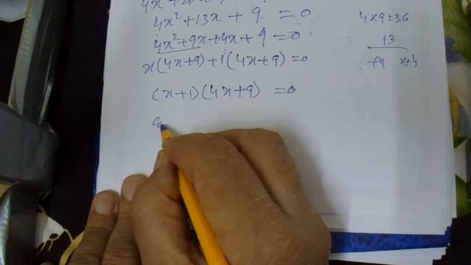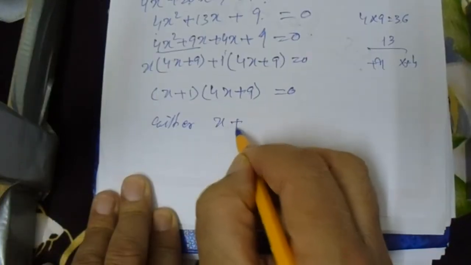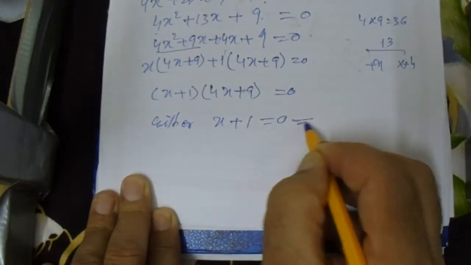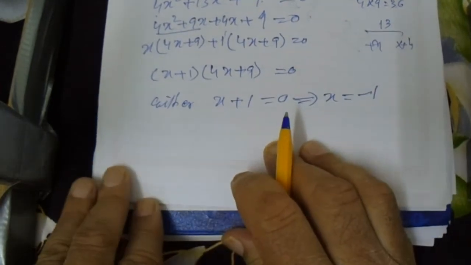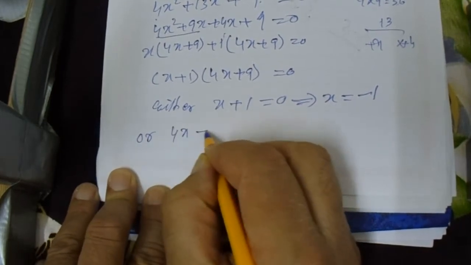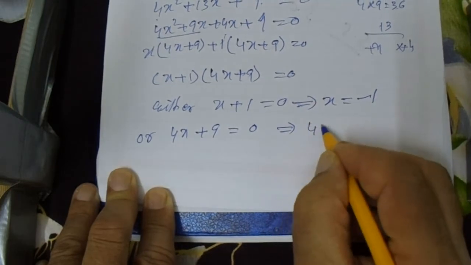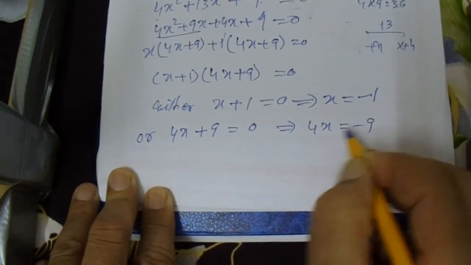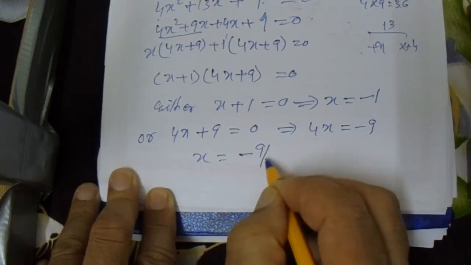Here either x plus 1 is equal to 0, here x is equal to minus 1. So the first value of x, or we have 4x plus 9 is equal to 0, and here 4x is equal to minus 9 and x is equal to minus 9 by 4. Now we have two values.